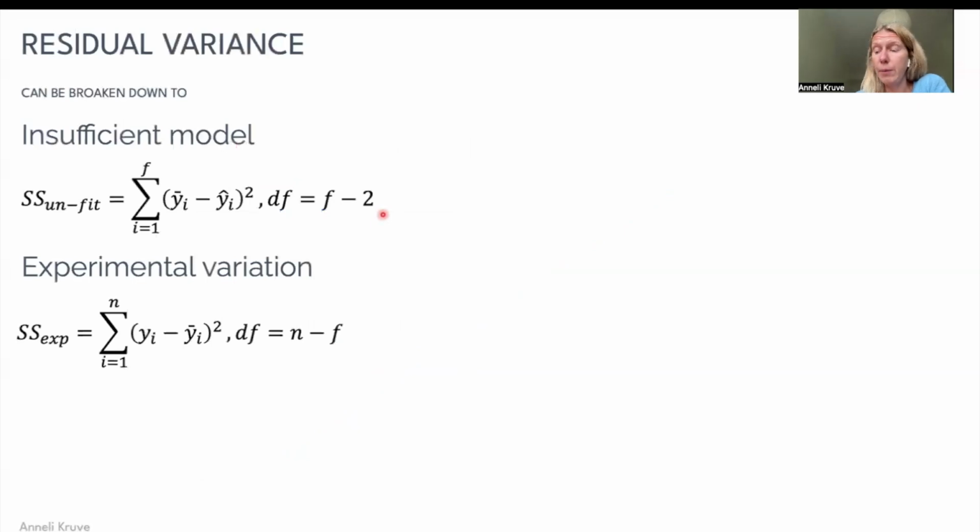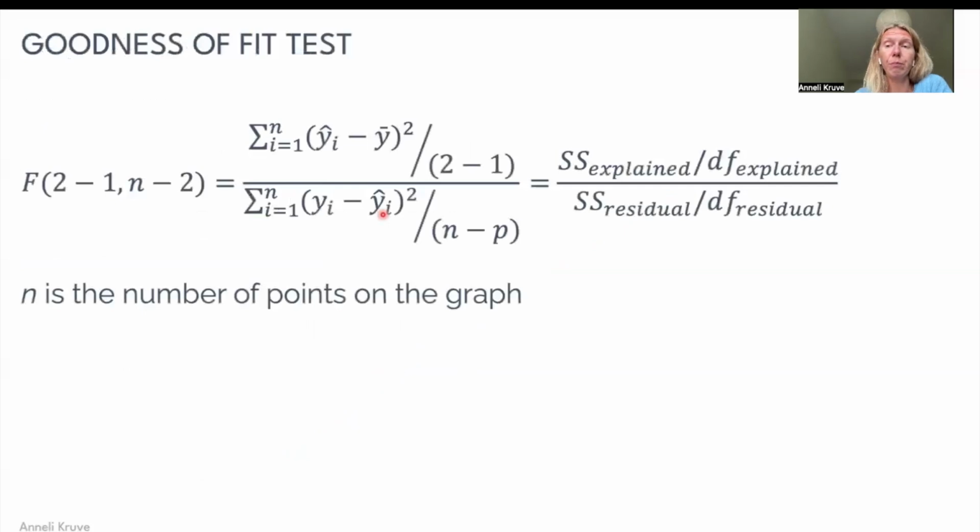Now that means that we basically have 5 types of variances, or one total or sum variance, one explained by the model, and then either a total residual variance or this residual variance broken down to model insufficiency and experimental variation.